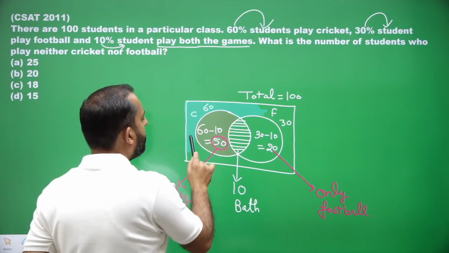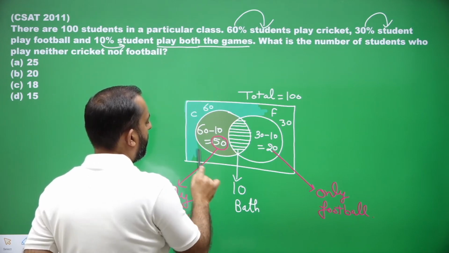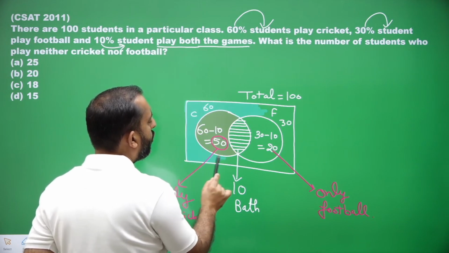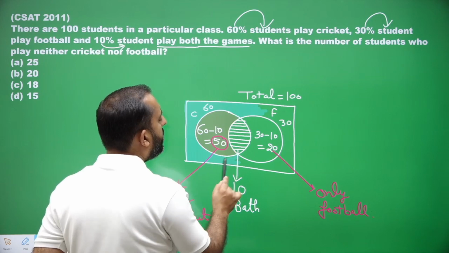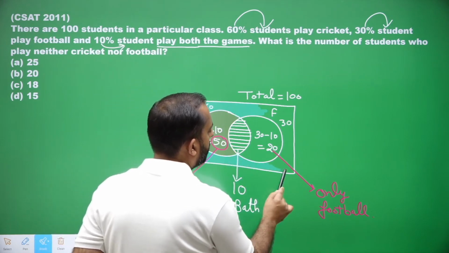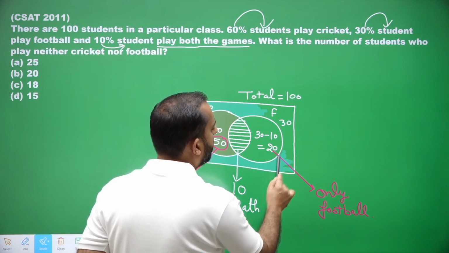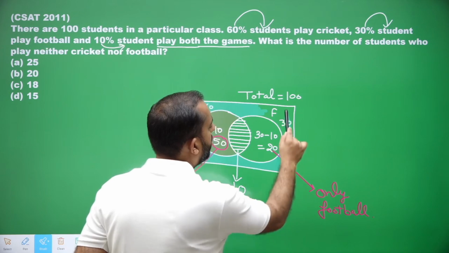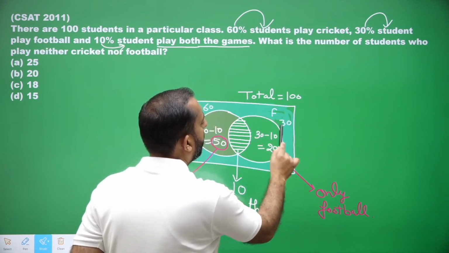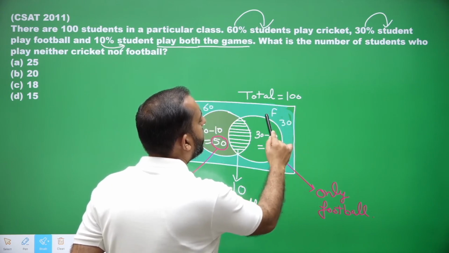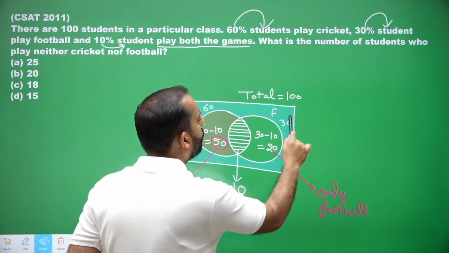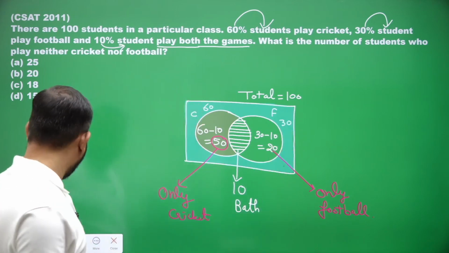I'll call this region the none region, because this region will represent the count of those students who neither play cricket nor play football. So the complete rectangle has been divided into 4 different parts.